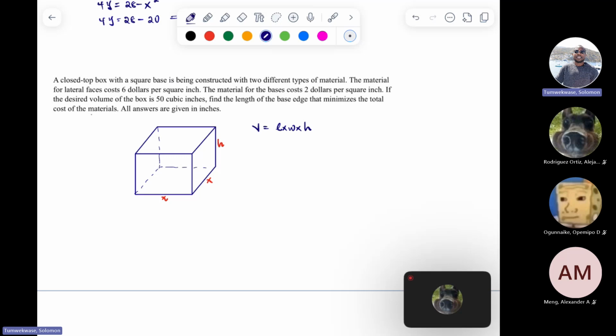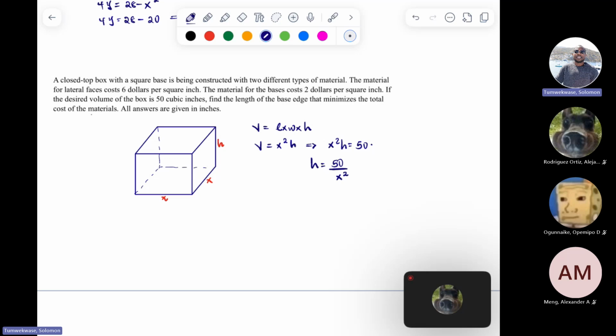So from our question, our volume is x times x, which is x squared, then times h. And this means x squared times h is 50, and we have our h as 50 over x squared, right?